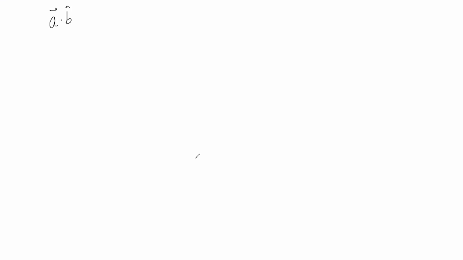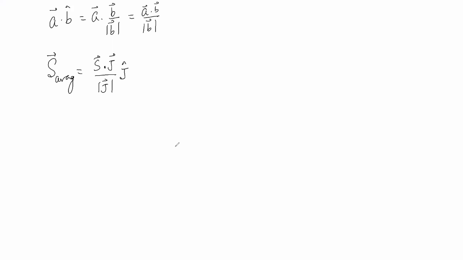The projection of A along the direction of B we write as A dot B upon mod of B, that is, A dot B upon simply B. This is how we say that this is the projection of A along the direction of B. If this is a vector quantity, then this average we define as S dot J upon capital J, in the direction of J. Since this should be a vector, S dot J times the unit vector J, which we can write as J upon mod of J, makes it J squared.